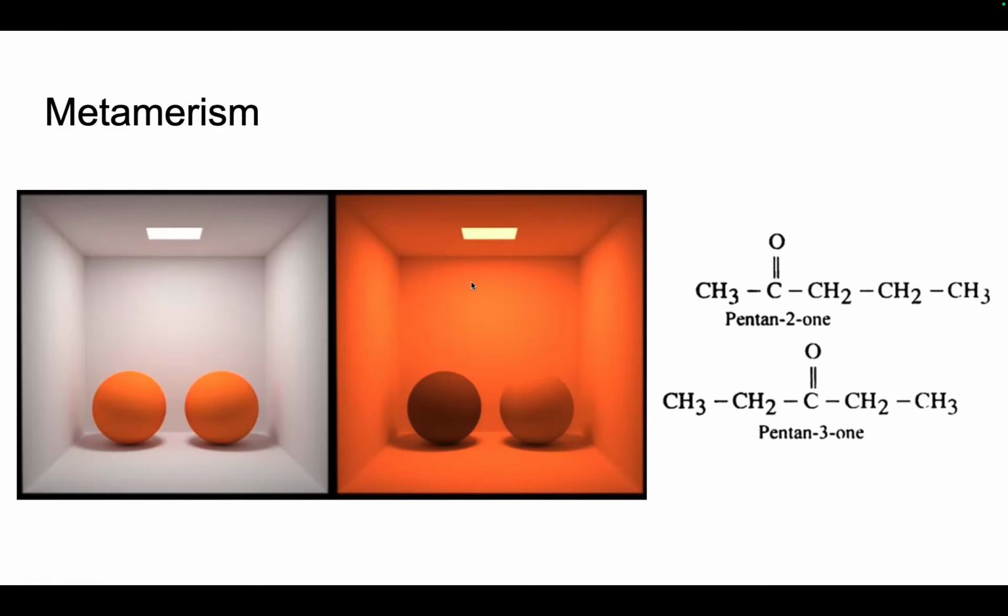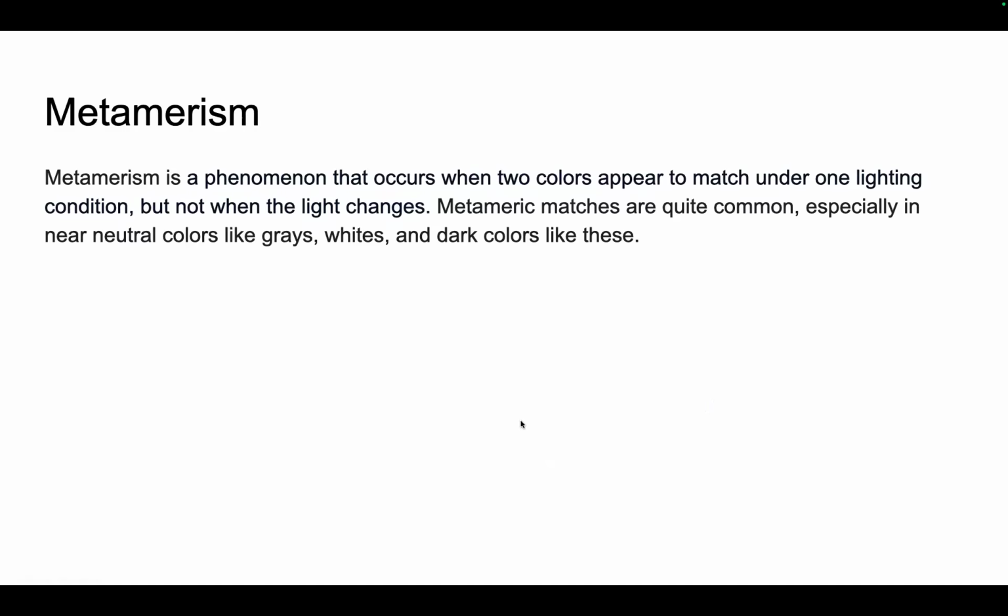And then when you change the lighting situation, you realize they're actually different colors. And what this has to do with is the chemical makeup of the objects. Different inks, different pigments, different dyes, they all have different chemical makeups. And so that can become apparent based on the lighting situation. So I'll leave that up for a second.